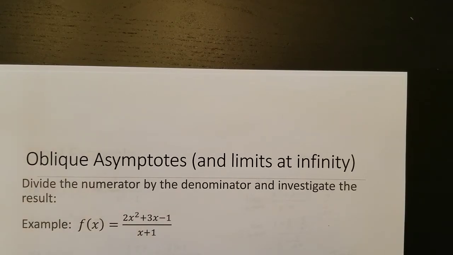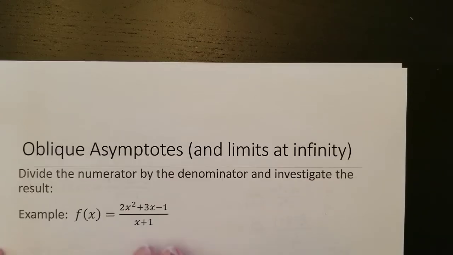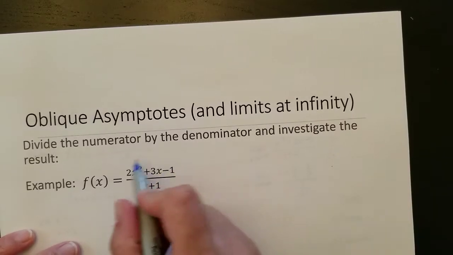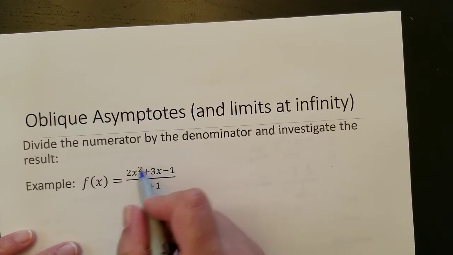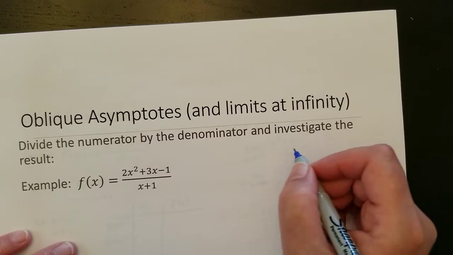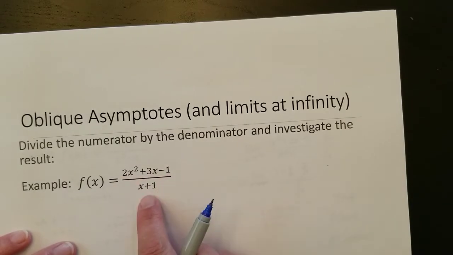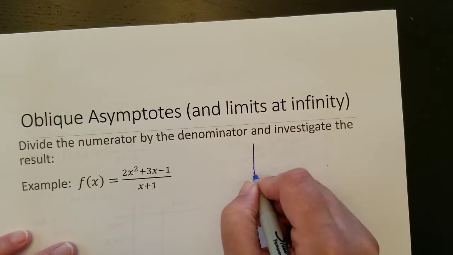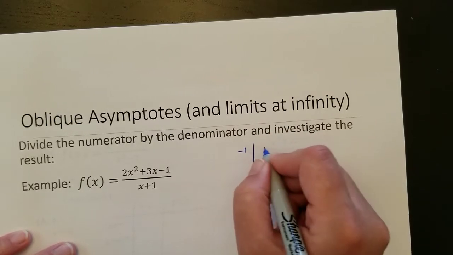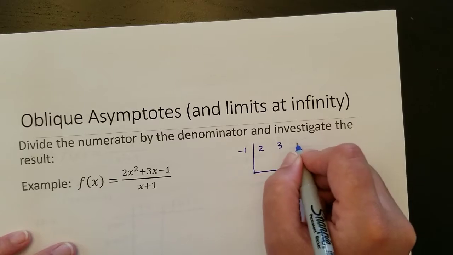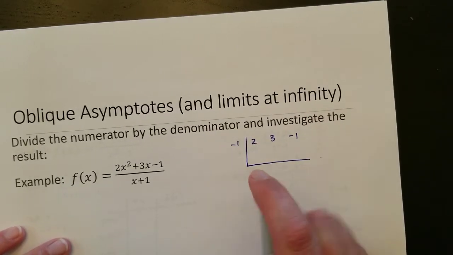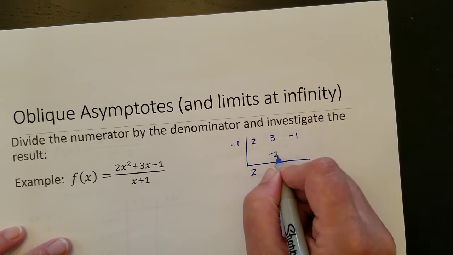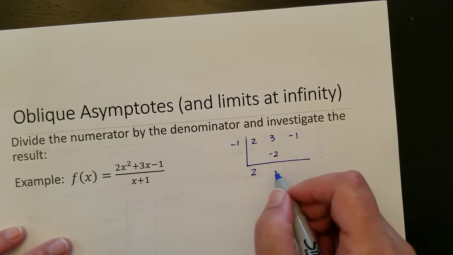So what we're going to do for this is rewrite this function with a division statement. So I'm going to do 2x squared plus 3x minus 1 divided by x plus 1. And I think most of you guys will do this with synthetic division. If you use long division, that's fine too. So I'm going to bring down the 2, multiply these and put the -2 up there, add down.